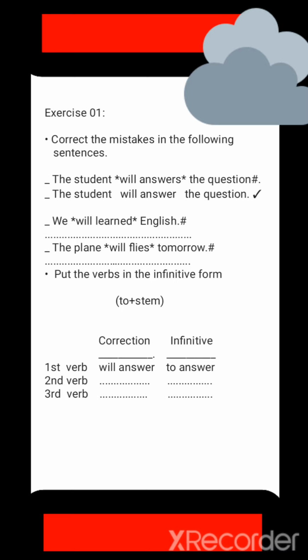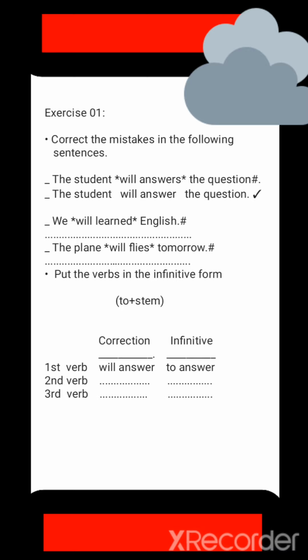It is already corrected. We don't say will answers, we say will answer, because we learned already that we don't have to make any changes to the stem or to will, and we have to do that with the 2 other examples. And the instruction number 2 says put the verbs in the infinitive form.